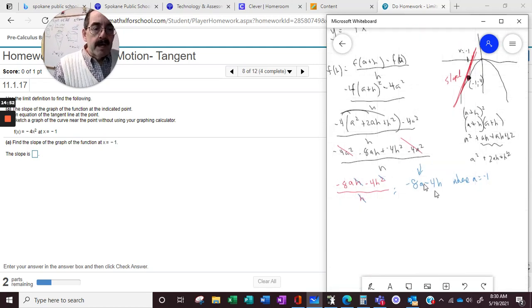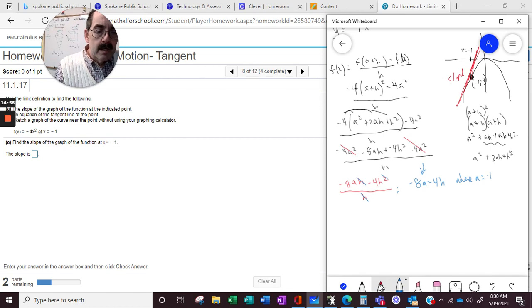So negative 8 times negative 1, minus 4h, where h is approaching 0, where h is going down to 0.